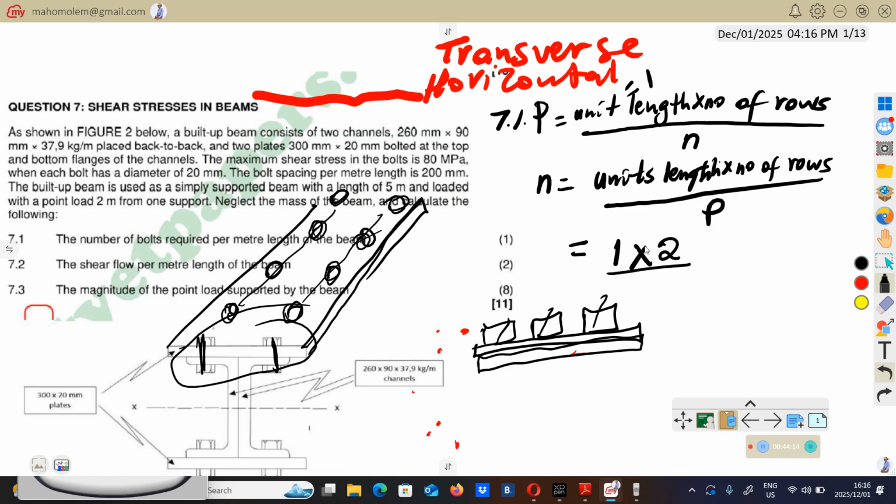And the spacing or the pitch, it's given from this spacing, 200. So we convert that to meters. You divide it by 1000, you will get 0.2.